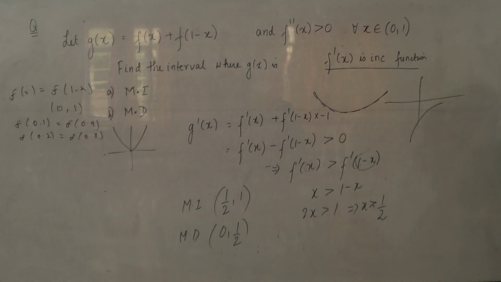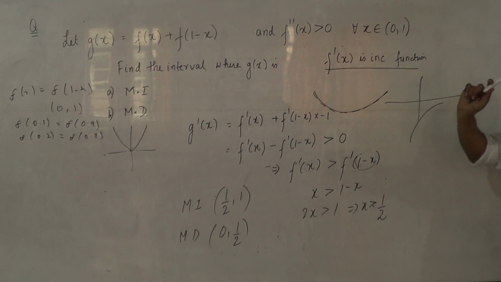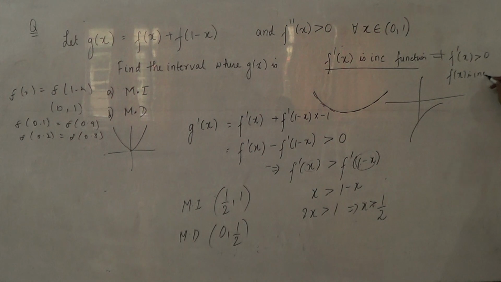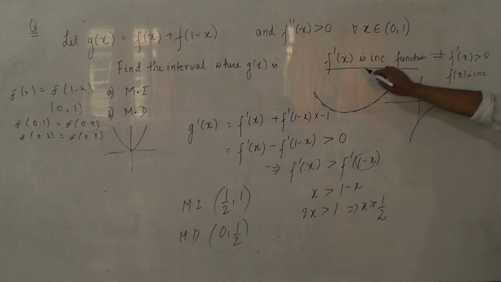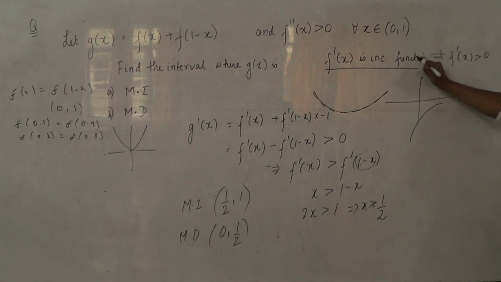I'm talking about f dash x being an increasing function and f dash x being a decreasing function. f dash x is increasing does not mean f dash x is positive. Saying f of x is increasing is different from saying f dash x is increasing. They're not the same things.